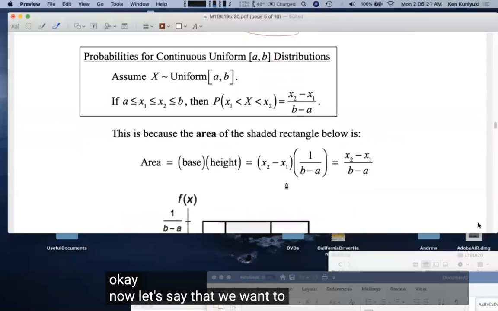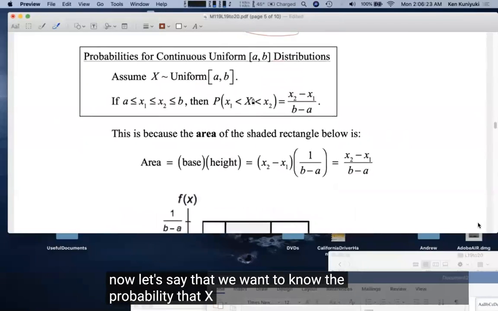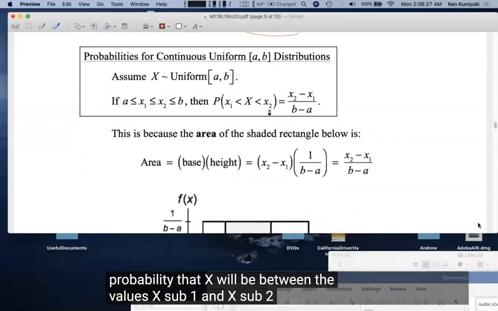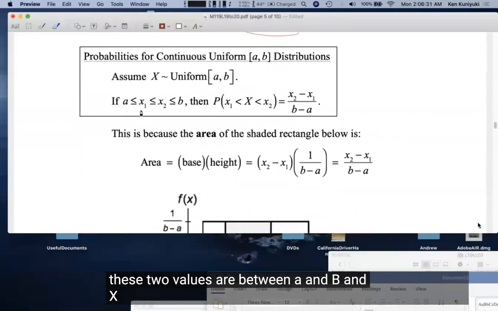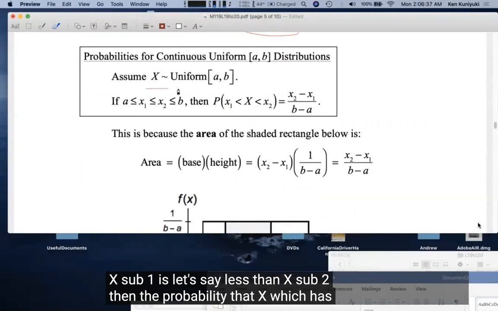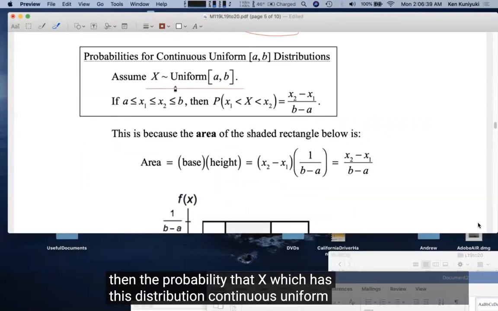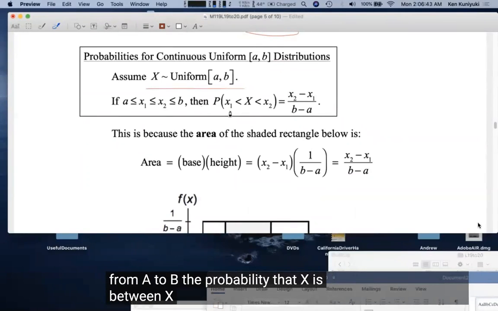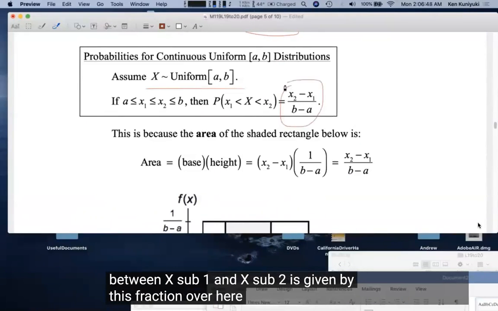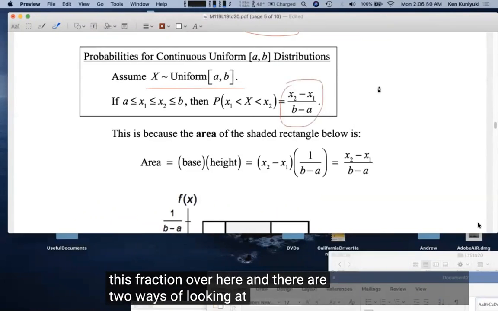Now let's say that we want to know the probability that X will be between the values X sub 1 and X sub 2, where again, these two values are between A and B, and X sub 1 is, let's say, less than X sub 2. Then the probability that X, which has this distribution, continuous uniform from A to B, is between X sub 1 and X sub 2 is given by this fraction over here. And there are two ways of looking at that.